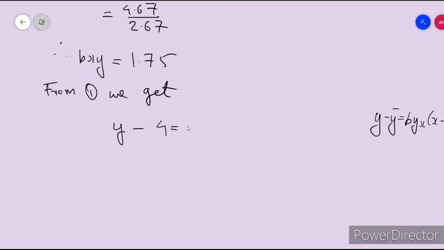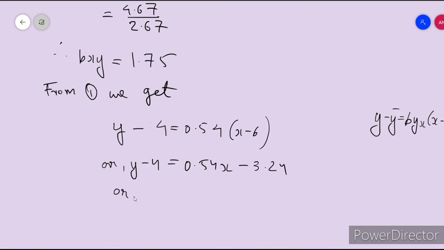So y minus 4 equals 0.54 times x minus 6. 0.54 into 6 is 3.24. You bring the 4 to the other side, it becomes positive 4, because 4 is greater than negative 3.24, the value will take a positive sign.